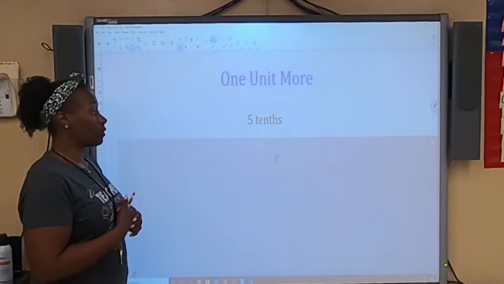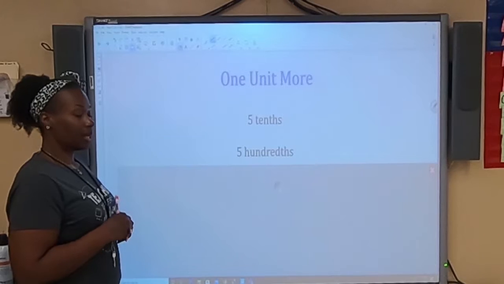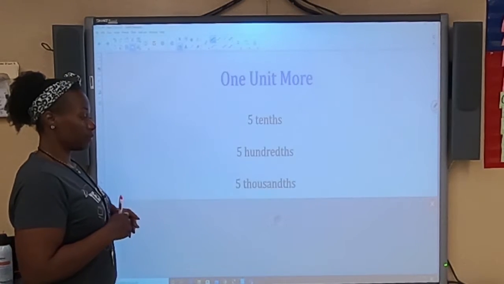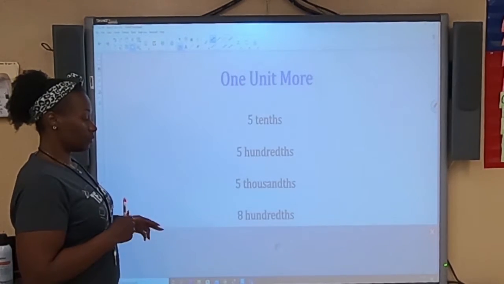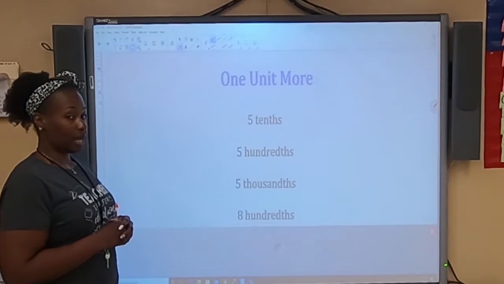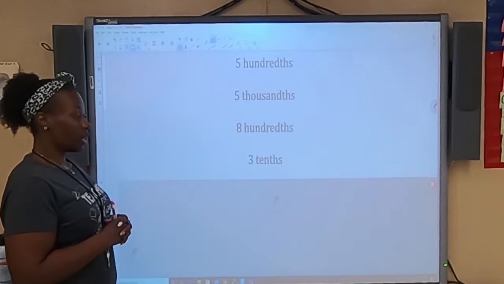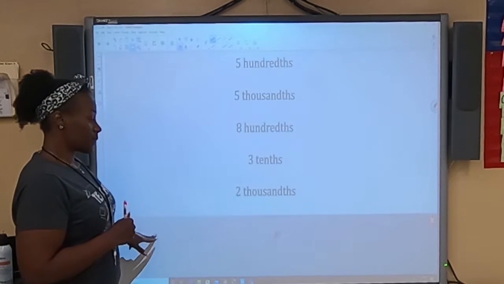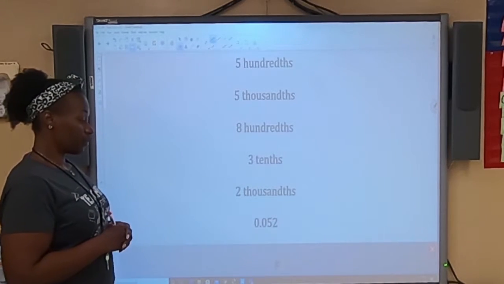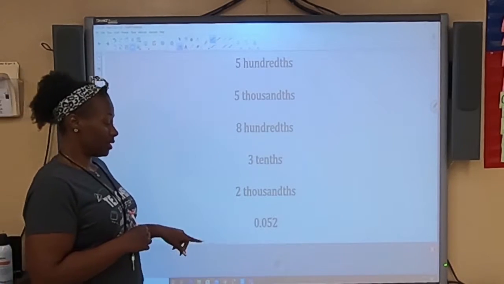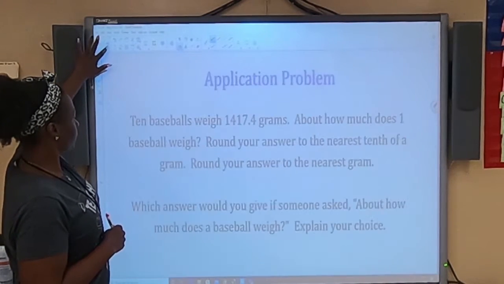So looking at what I have on the board, 1 unit more would be 6 tenths. 1 unit more, 6 hundredths. 1 unit more, 6 thousandths. 1 unit more, 9 hundredths. 1 unit more, 4 tenths. 1 unit more, 3 thousandths. 1 unit more, 53 thousandths.